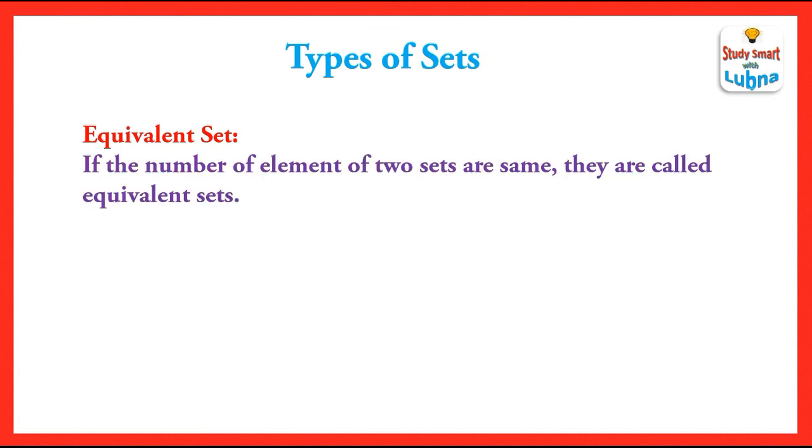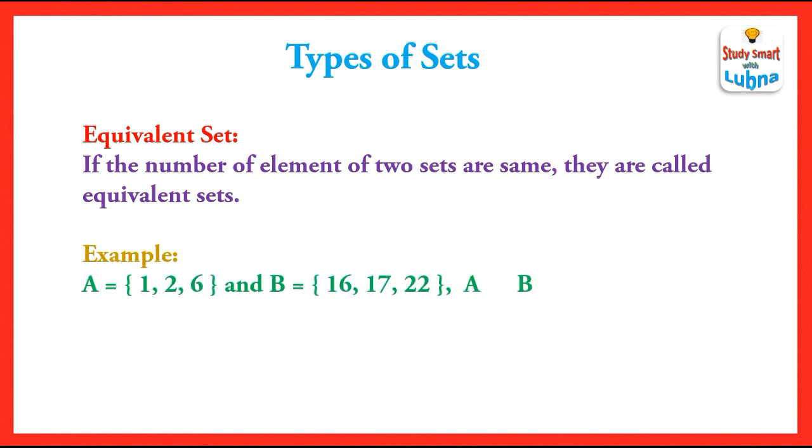Equivalent sets. If the number of elements of two sets is the same, they are called equivalent sets. So in equivalent sets, the number of elements of two sets should be the same. For example, here we have set A and the elements of set A are 1, 2, 6, and the elements of set B are 16, 17, 22.